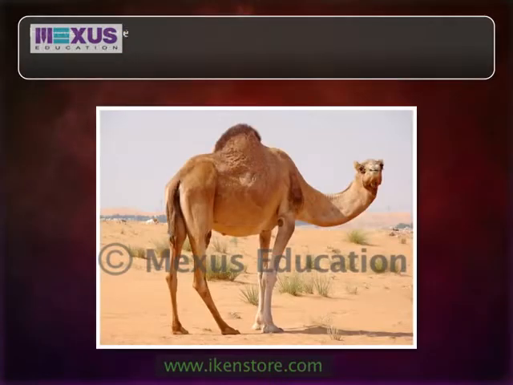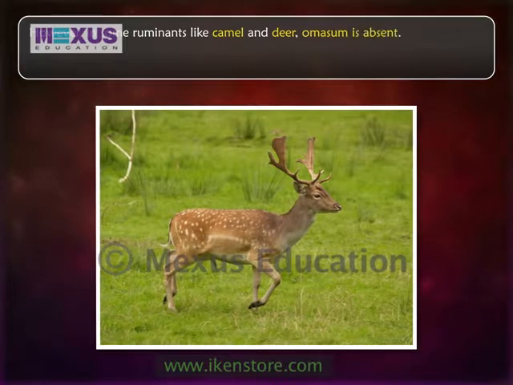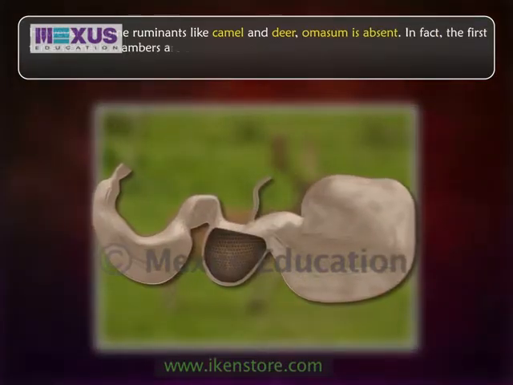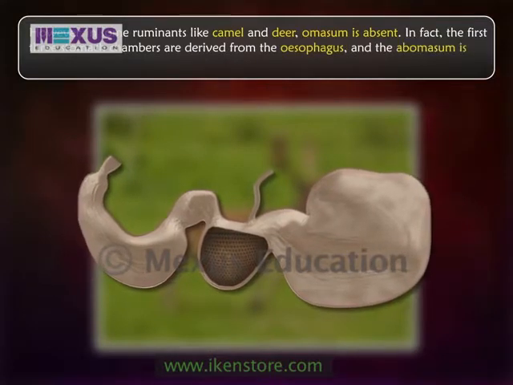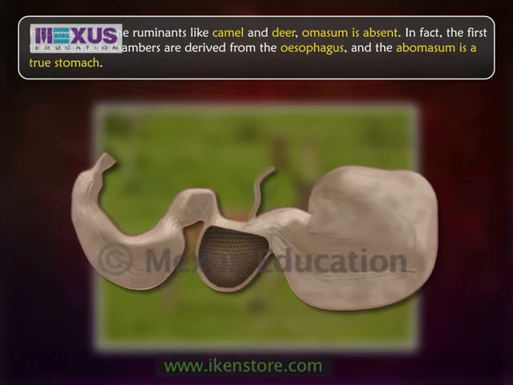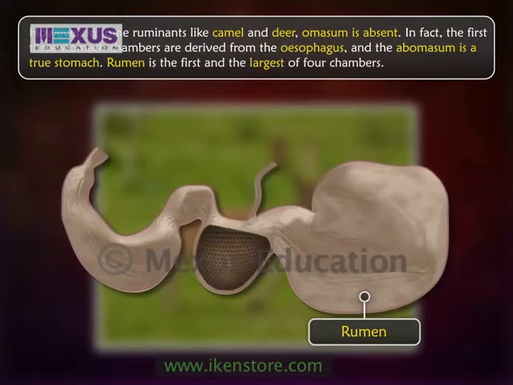However, in some ruminants like camel and deer, omasum is absent. In fact, the first 3 stomach chambers are derived from the esophagus, and the abomasum is a true stomach. Rumen is the first and the largest of 4 chambers.